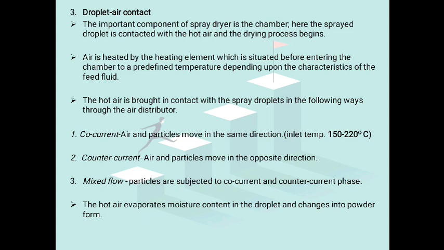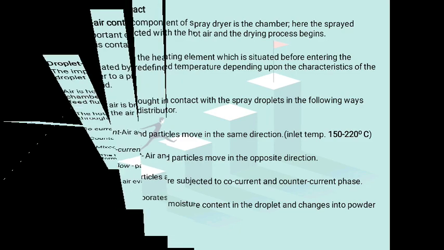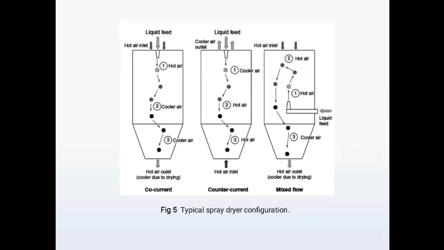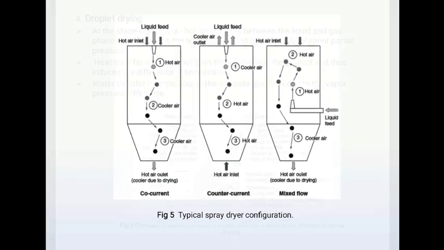In this system, the particles are subjected to co-current and counter-current phases. The hot air evaporates the moisture content in the droplet and changes it into powder form. Figure 5 shows the typical spray dryer configuration with co-current, counter-current, and mixed flow air distribution systems.